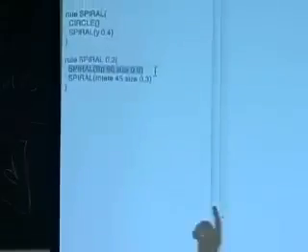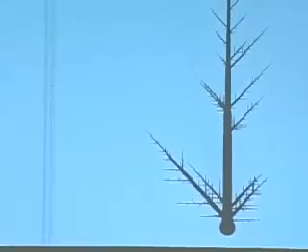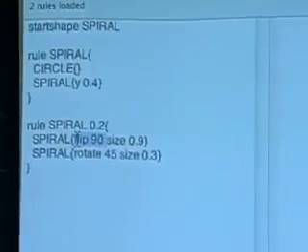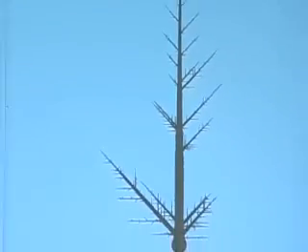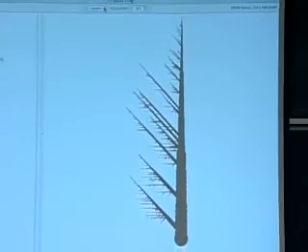And the flip 90 in this rule means that next time it branches, it's going to branch in that direction. We can actually take it out. And if we take out the flip, the branches will all just go in the same direction all the time. So if we take it out, see, they only go in one direction.